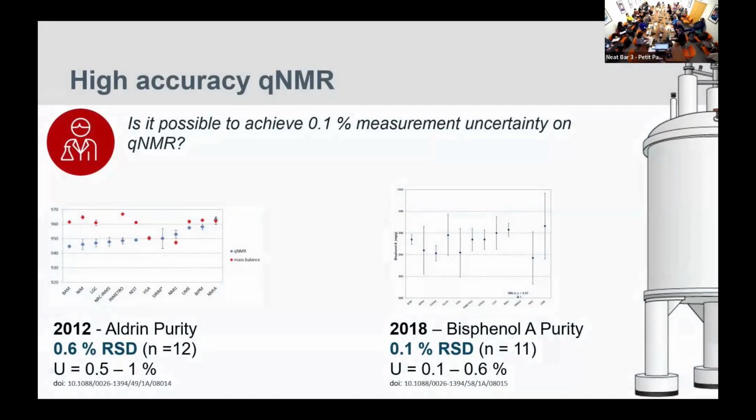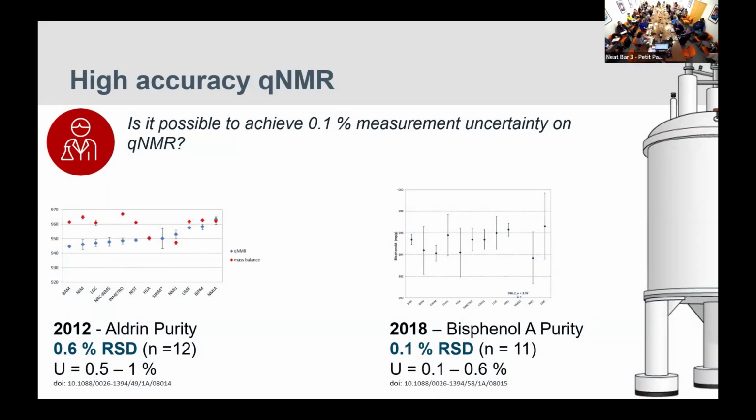We've been discussing high accuracy qNMR in general, and I just wanted to circle back to what the question was when we first started doing the NMIJ studies back in 2012. The main question we had was if it was possible to achieve 0.1% measurement uncertainty on qNMR.